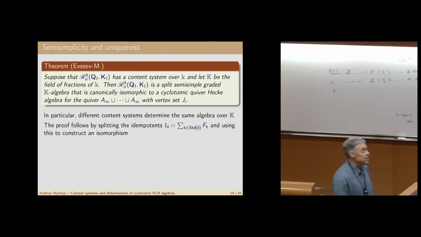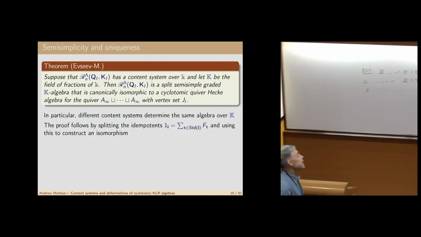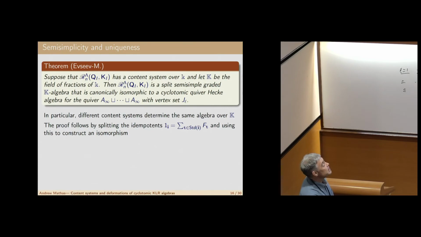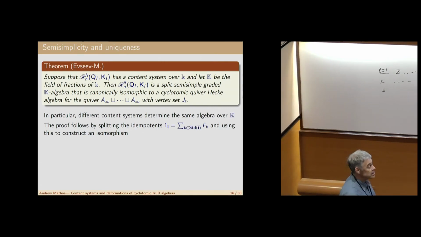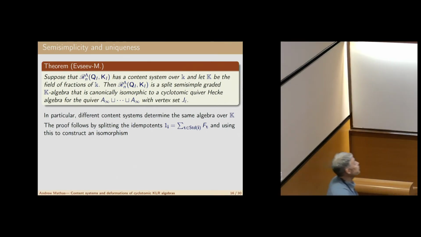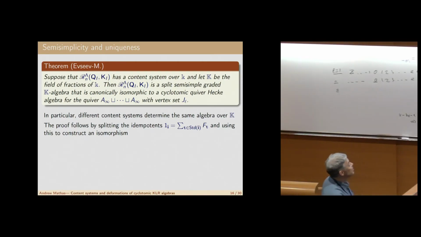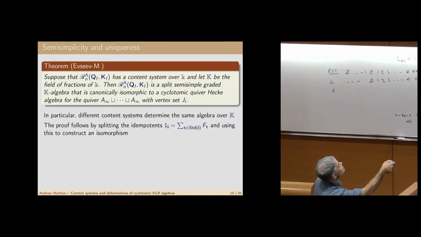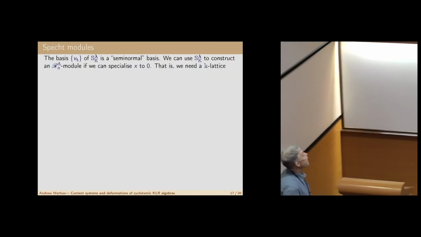So it takes a little bit of effort to do it properly, and hidden behind the scenes somewhere is some sort of complete reducibility theorem in that if you take any module for this algebra, then it breaks up into a direct sum of generalized eigenspaces for the y's. So that's a crucial part of the proof somewhere, but that's really where this decomposition comes from. But it's not so hard to prove this, and so this shows that in some sense the choice of content functions doesn't matter because the deformed algebra that you get is always the same, provided you're working over the field of fractions of this little k. Okay.